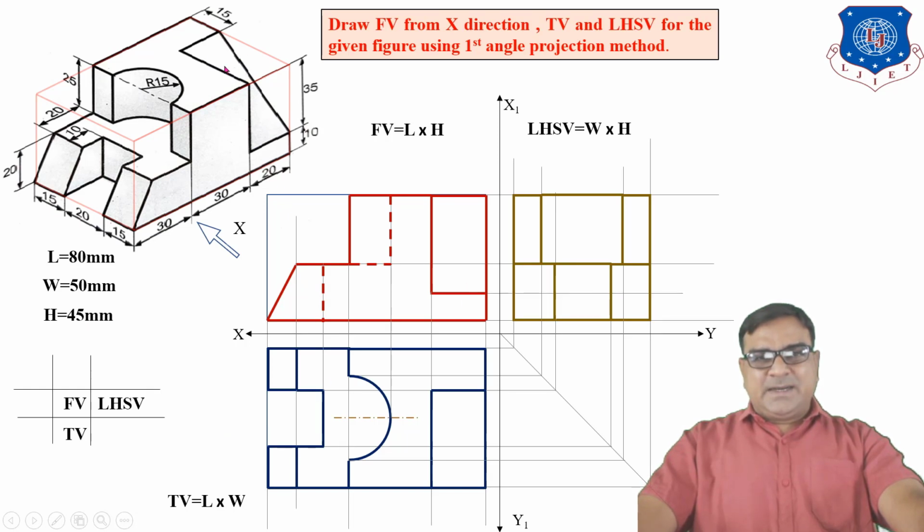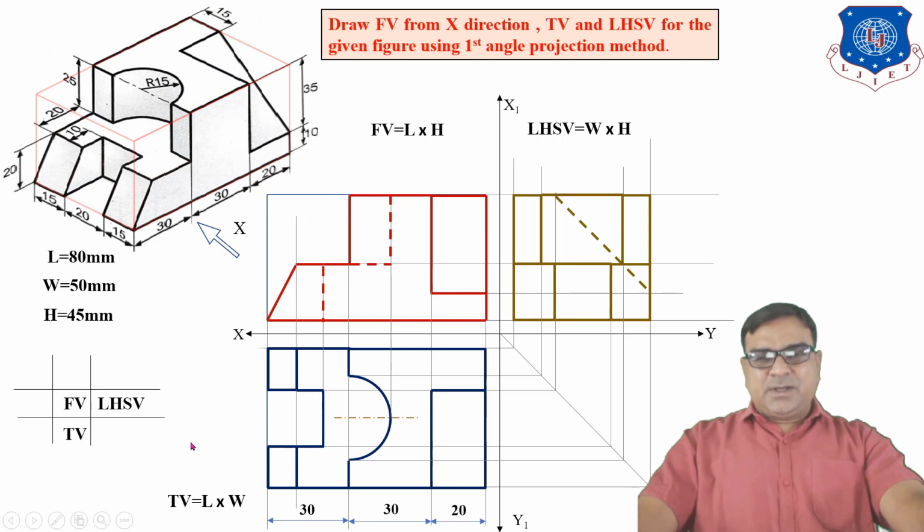And for this inclined or tapered surface from the left hand side view, because this plane is perpendicular to the profile plane, the projection on the profile plane will be a line, and that line is hidden, drawn from this point to this point, which is 10 mm.